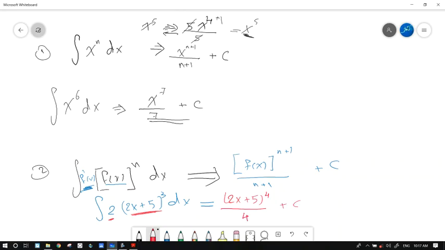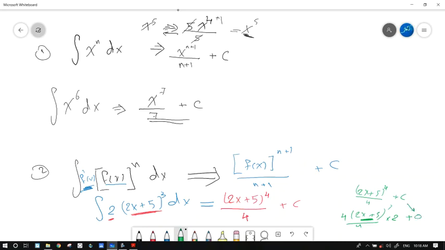C, don't forget. To make sure that you solved it right, try to find the derivative of this function: 2x plus 5 whole power 4 over 4 plus constant. If I want to find the first derivative of this, I will multiply by 4, so it will be 4 times 2x plus 5 power 3 over 4, and then times the derivative of the bracket, which is 2, plus constant, whose derivative is 0.